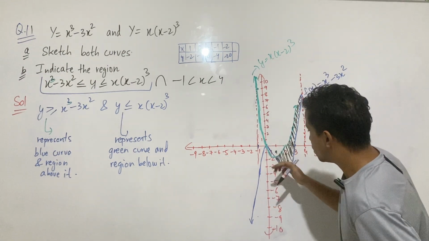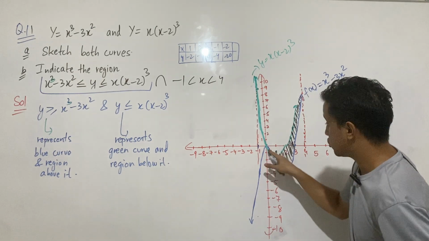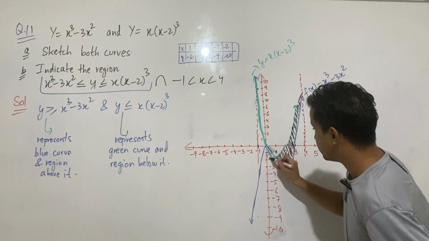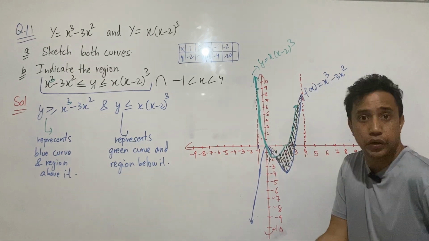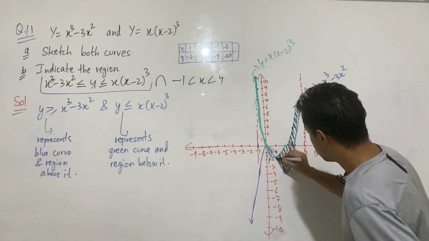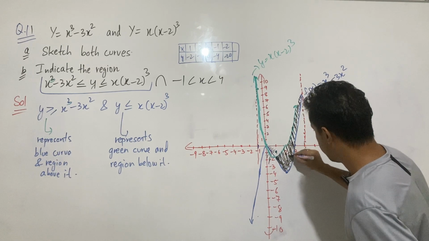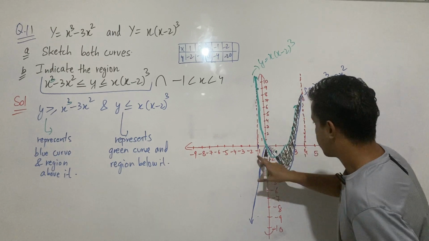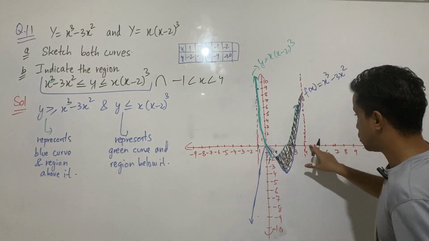Here above this is this and below this is this. So what's going to be common here? Nothing. So I'm just talking about this region, from x equals -1 to here.